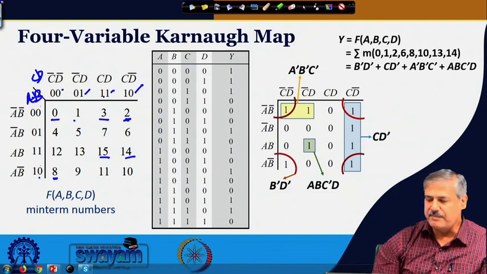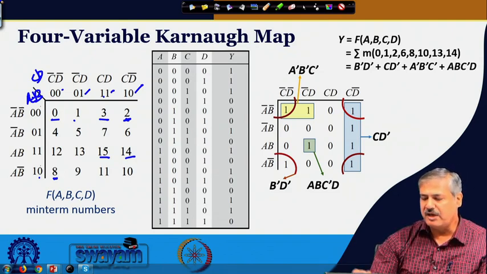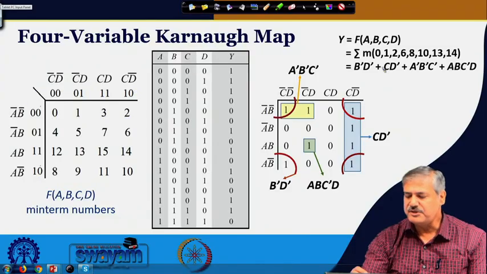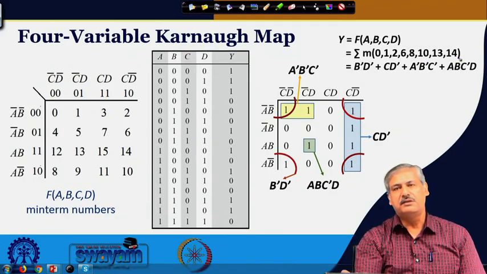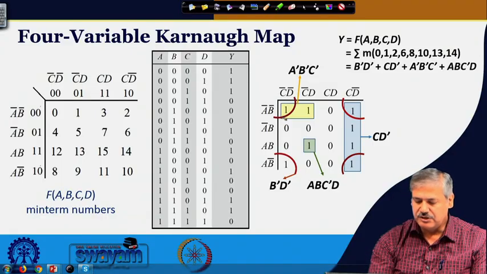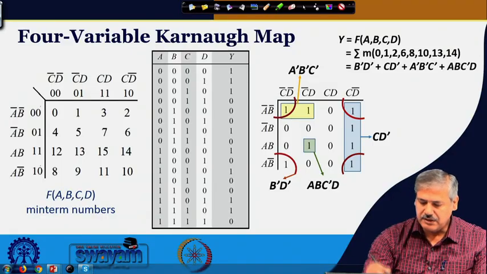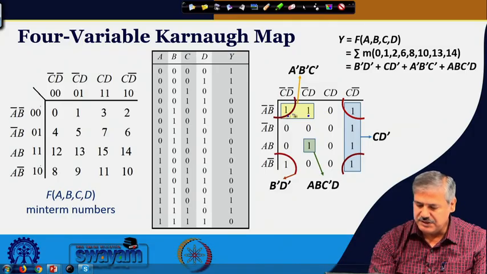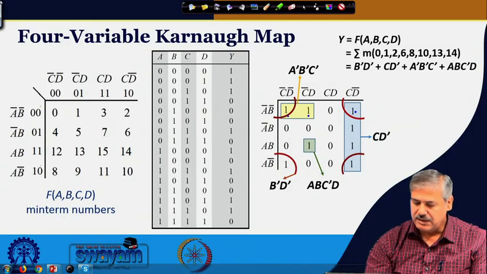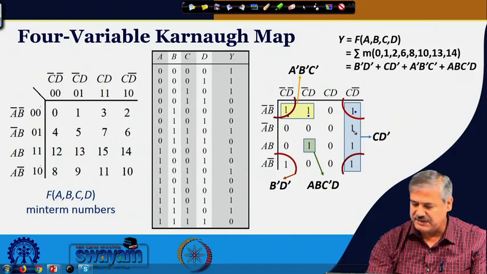So, if you take this example, we have the min terms 0, 1, 2, 6, 8, 10, 13, 14, just one example. So, 0 over here, 1, 2, then this is 3, 4, 5, this is 6.